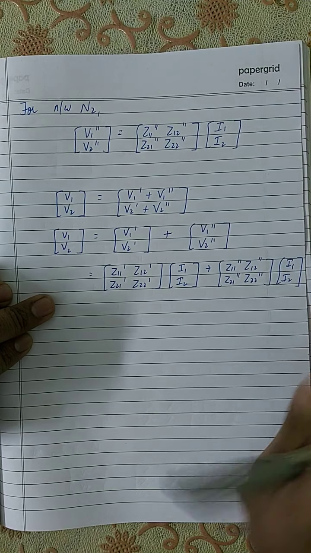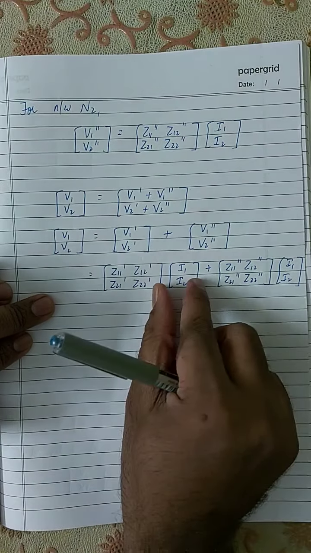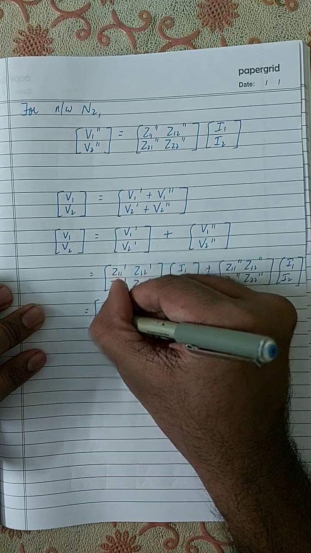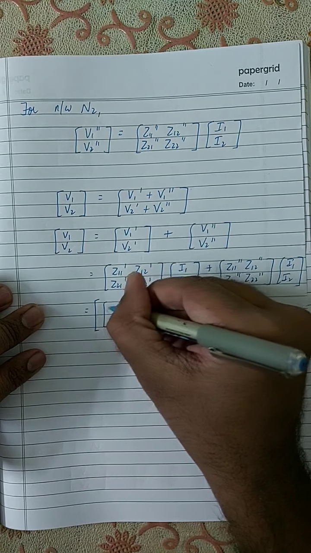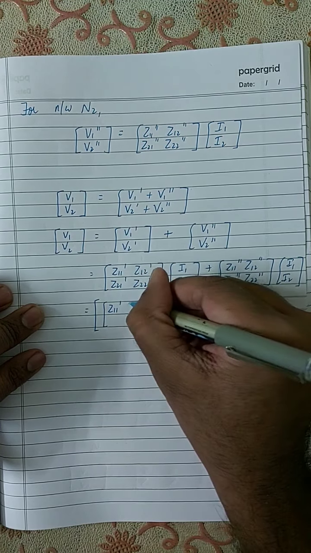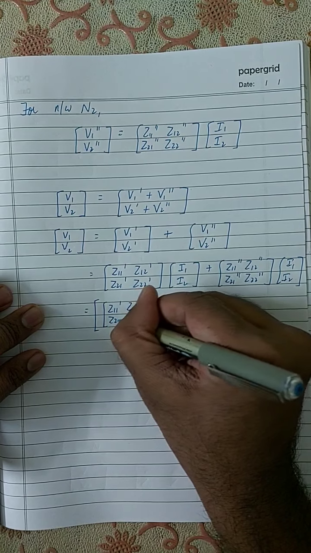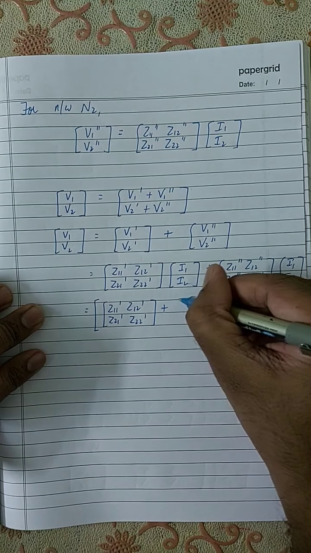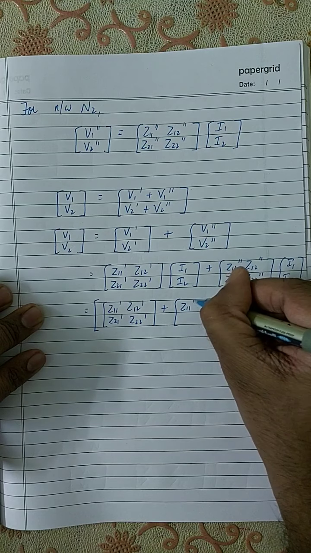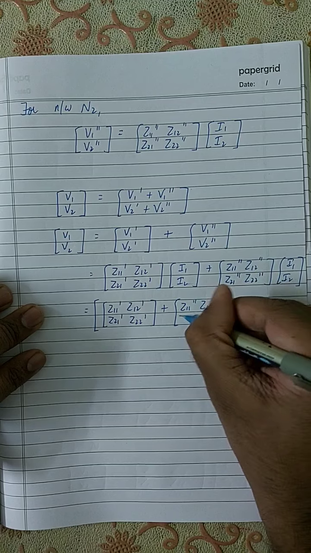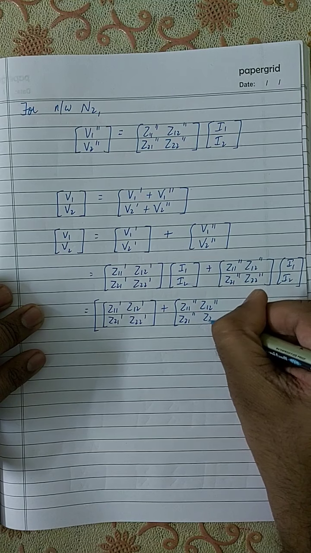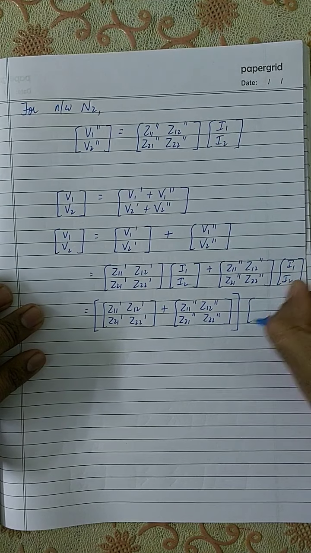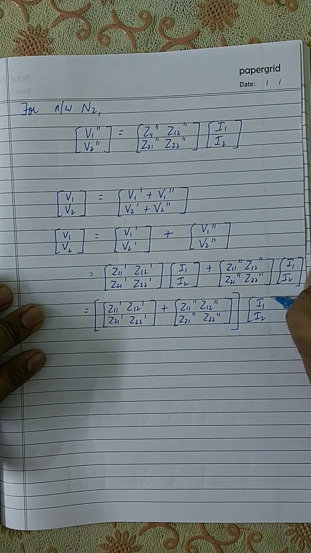Since the currents are the same, I can take the current matrix common. The equation now becomes the matrix Z11 dash, Z12 dash, Z21 dash, Z22 dash plus the matrix Z11 double dash, Z12 double dash, Z21 double dash, Z22 double dash, into I1, I2.